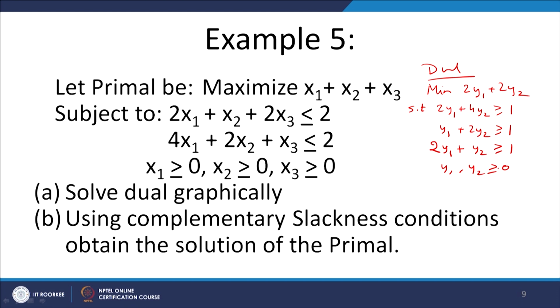So, this is the dual, and as you can see it is a 2 variable problem. So, therefore, we can solve it graphically.